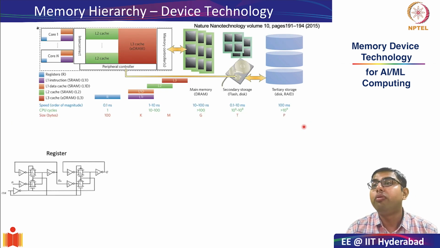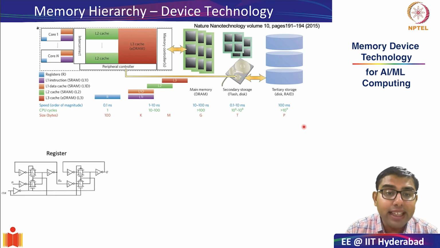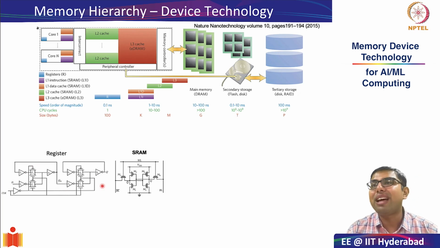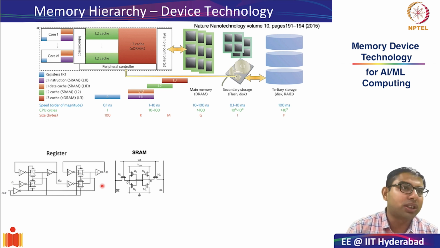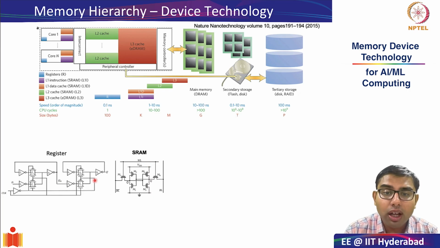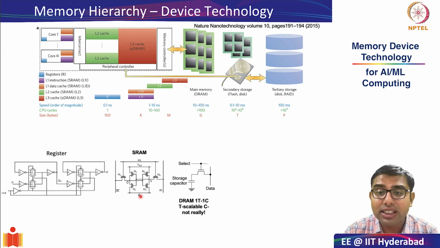The second thing we will look at is the device technology. We have already seen this several times, so let me run through this a little bit quickly. Your registers consist of your latches and flip-flops. Your SRAMs, as you can see, the footprint has gone down quite drastically from roughly 20 transistors. An SRAM cell, using similar concepts of positive feedback loop, which we will cover in detail very soon, consists of only 6 transistors.